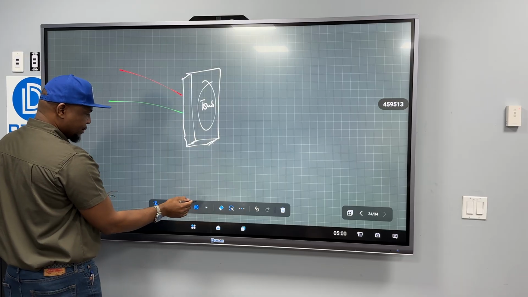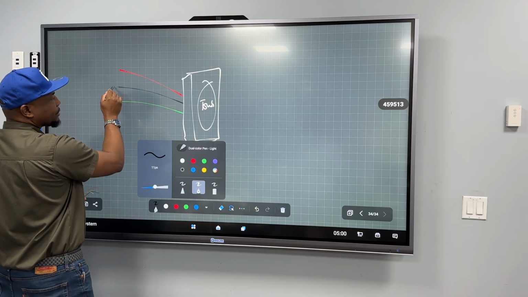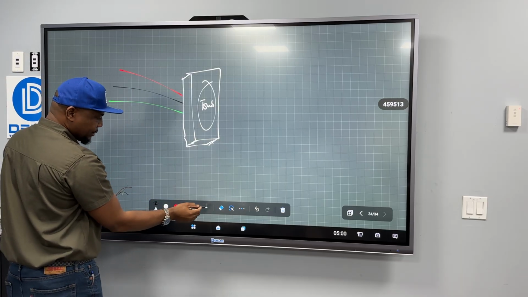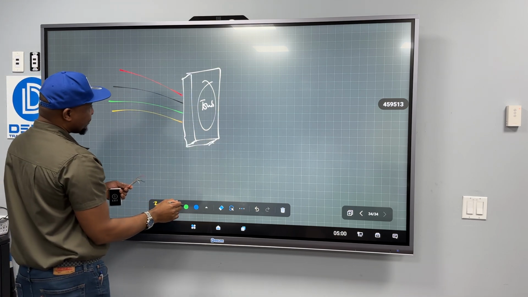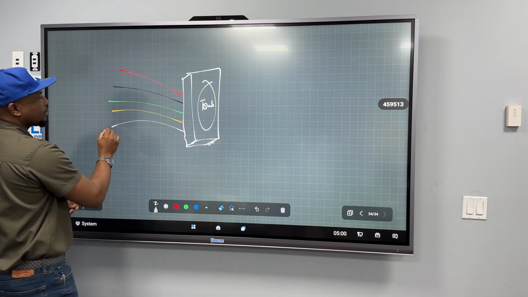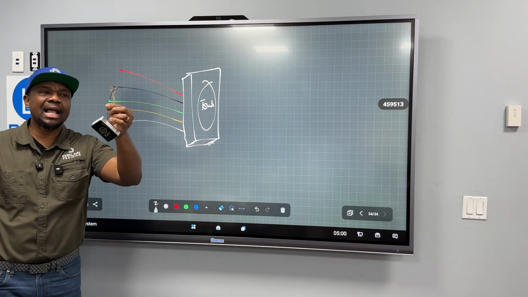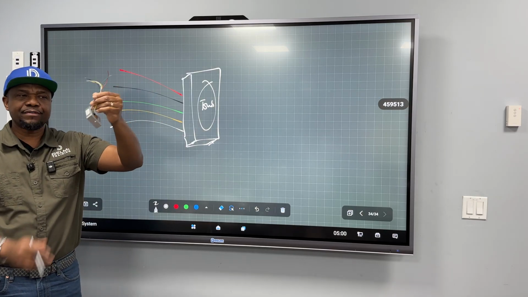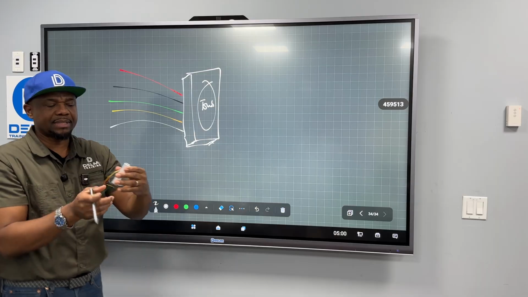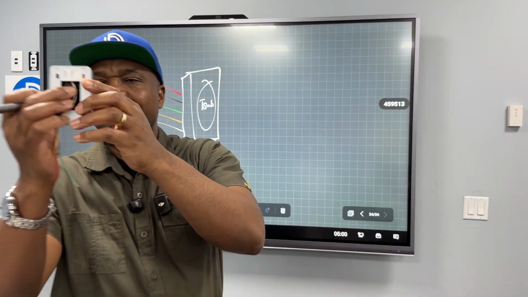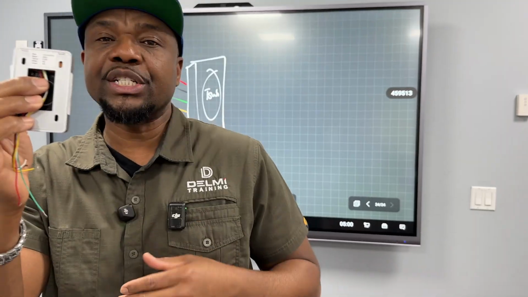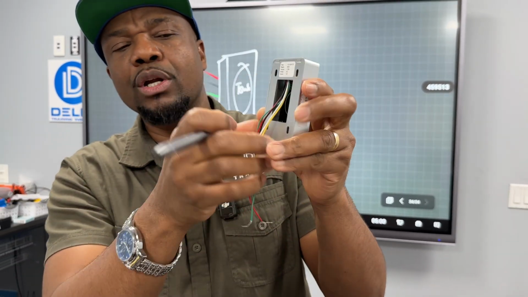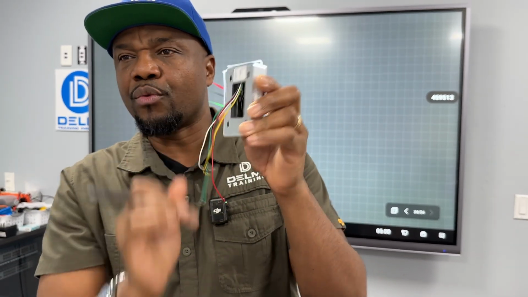We don't have blue, but we have black. We have a yellow. And we have the white. So these are the wires that are coming in from here. But because I've used this product before, and sometimes the manufacturer is so good that on the back here, they would put a bit of information there for you to see what all these colored wires represent.